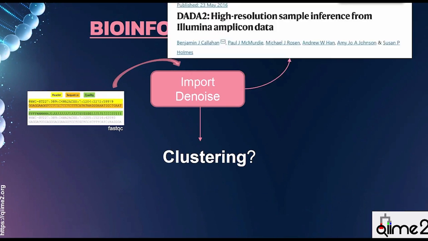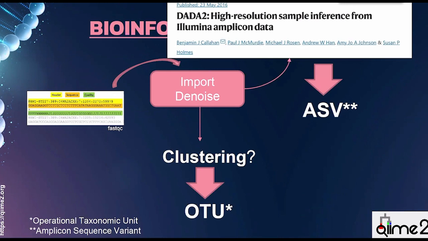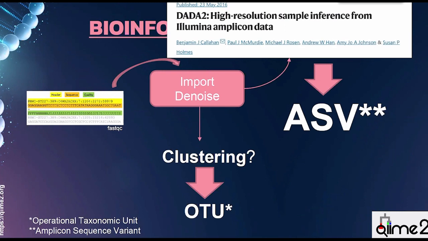However, the development of different algorithms like DADA2 has changed this, and now you can find publications with both OTU but also ASV. So now, in my opinion, this is a personal choice. But in the future, probably, at least in soil environment, you will find more publications with ASV because you can get a higher diversity compared to OTU.